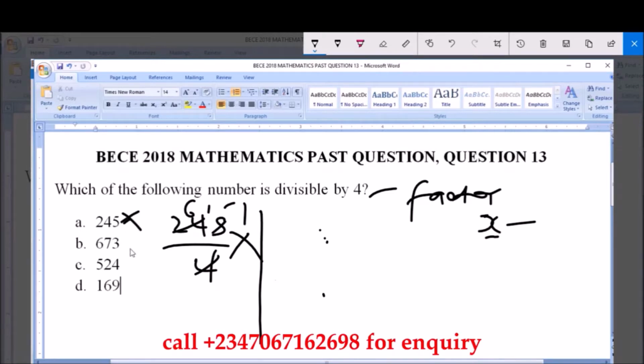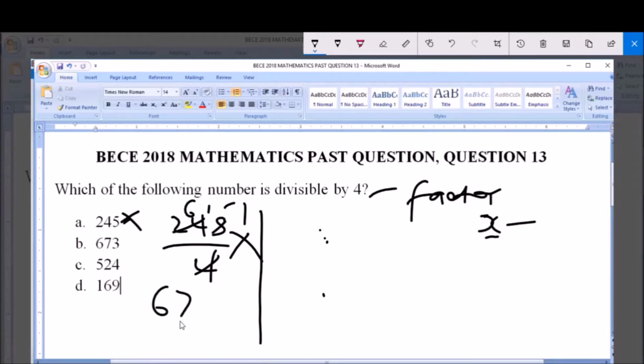Now let's pick the next number, which is 673. Now we're going to check if 4 can divide 673. So 673 over 4. Now 4 will go into 67 how many times? 4 will go into 67 16 times, and that will be 64.